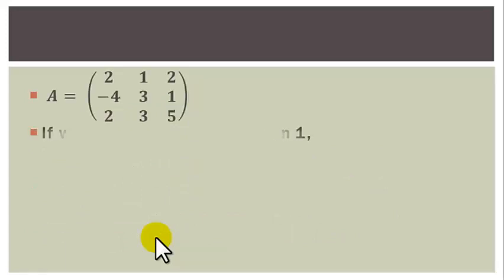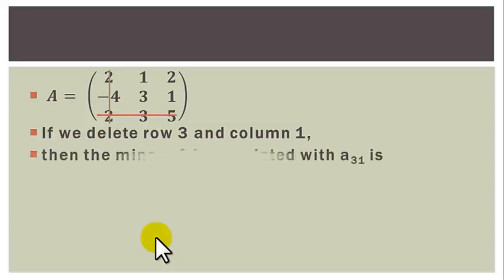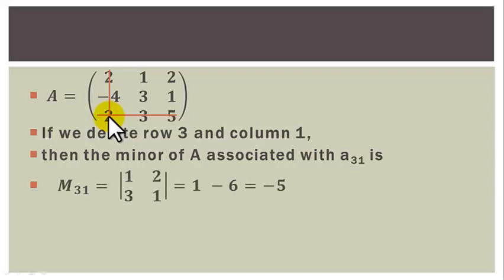Now let us delete row 3 and column 1. That is, this is row 3 and this is column 1. Then the minor of A associated with A31, which in this case is this element 2, is M31, which is equal to the determinant of the submatrix 1, 2, 3, 1.